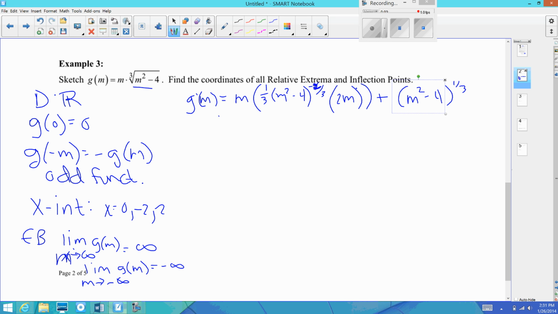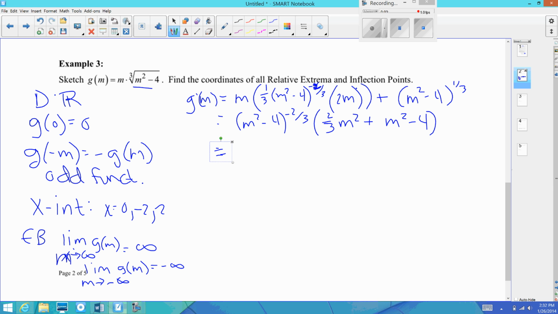All right, our favorite thing, factoring out least powers. And what do we have left? Hopefully I do this right. 2/3 m squared plus, and I believe this would just be m squared minus 4. All right, I'm writing that together.